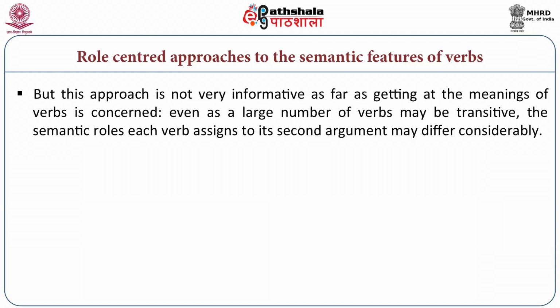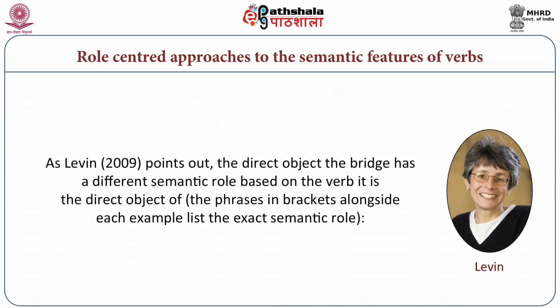However, this approach is not very informative as far as getting at the meanings of the verbs is concerned, because even as a large number of verbs may be transitive, the semantic roles each verb assigns to its second argument may differ considerably.